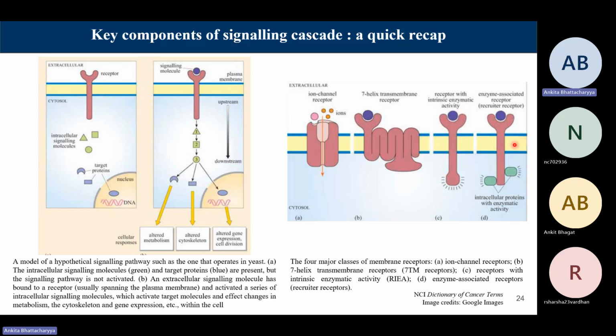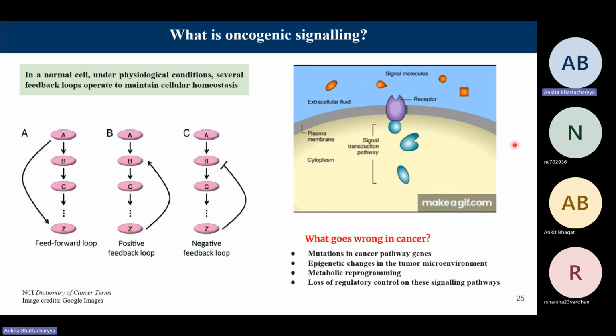So these were all some examples. Then we understood oncogenic signaling and its role basically. So a regulatory or a control check that is kept within a cell under physiological condition. Its job is to maintain cellular homeostasis, but we learned that these regulatory networks or regulatory steps include certain feedback loops.